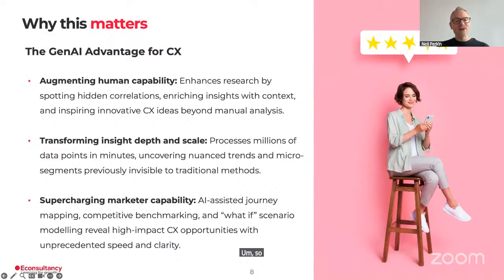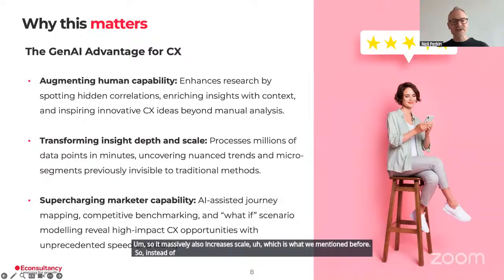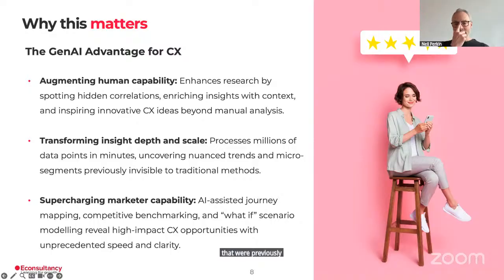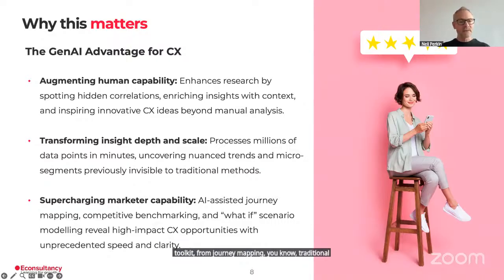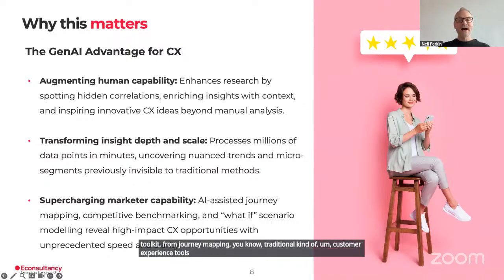So it massively also increases scale, which is what we mentioned before. So instead of a sample of hundreds, we can process potentially millions of data points, and that uncovers nuanced trends and maybe micro segments that were previously invisible. The third thing here is really it accelerates the marketer's toolkit from journey mapping, traditional kind of customer experience tools, competitor benchmarking, what if scenario modeling.